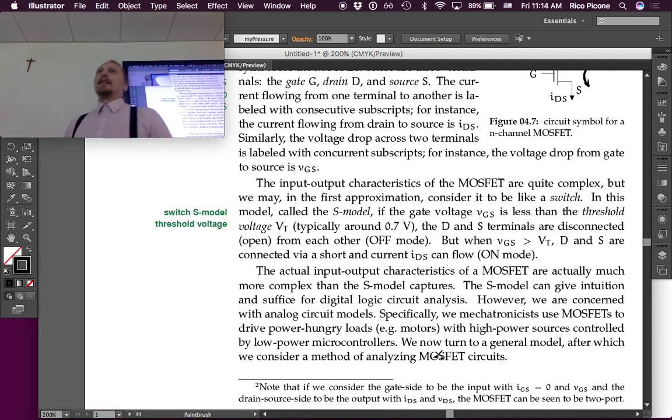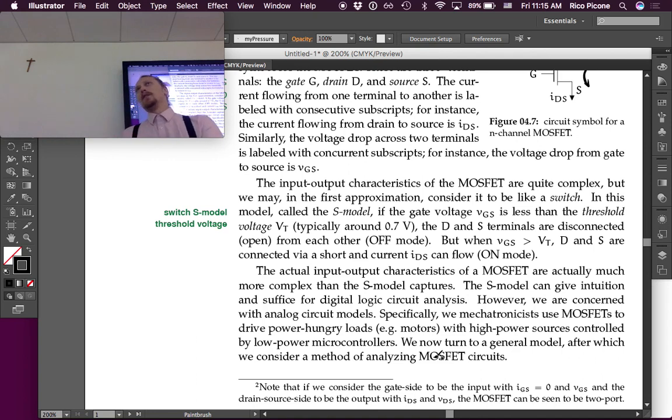TTL is the most common digital protocol for logic, and so it's 5 volts is on, 0 volts is off, and there's actually a threshold value in between that switches from one to the other. So if we just care about that, we can actually use this sort of model for a MOSFET and think of it like that.